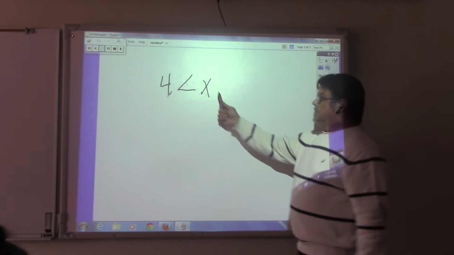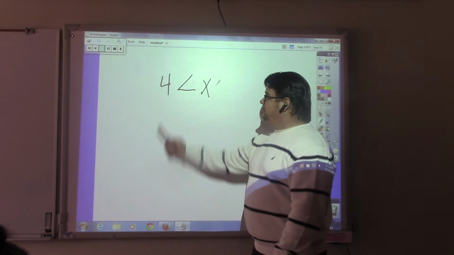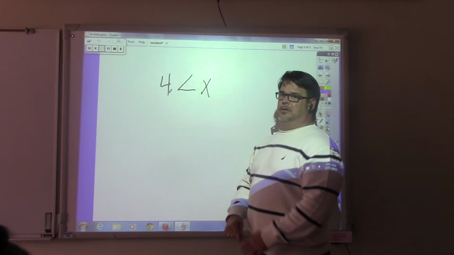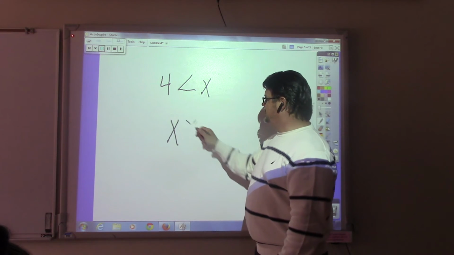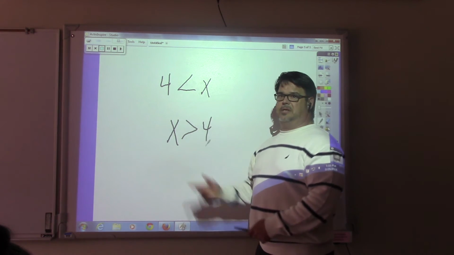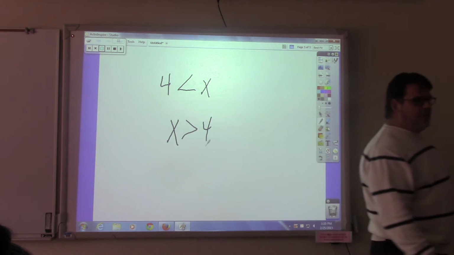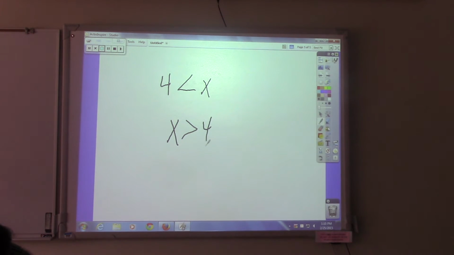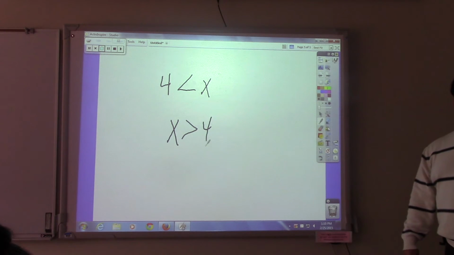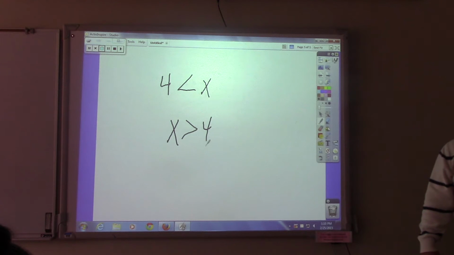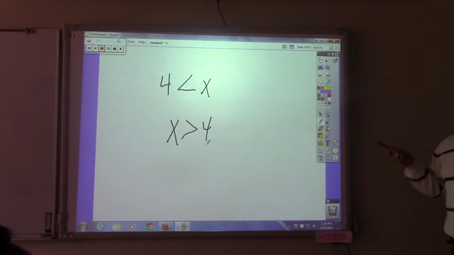You can't put X on the right-hand side. 4 is less than X, or X is what? What does that say? Same thing. So do not say greater than or less than unless you have something on each side of it. Because you don't know which one it is.